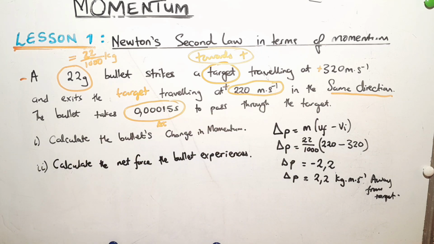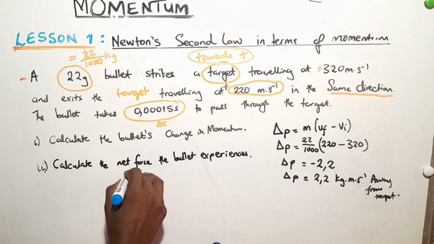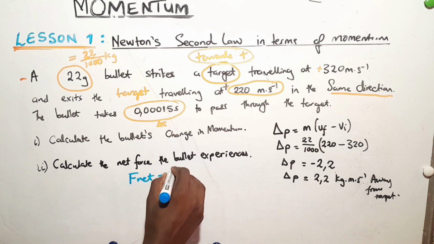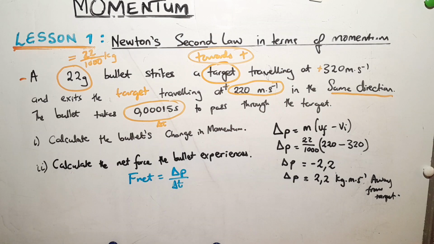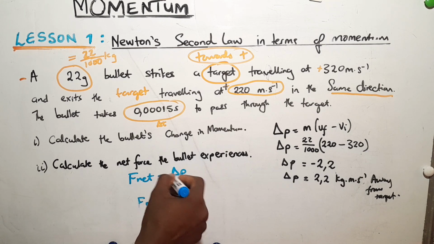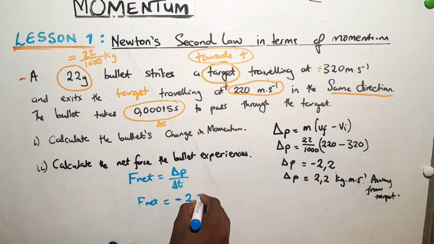The next question says calculate the net force the bullet experiences, right? To calculate the net force, we said F net is equal to change in momentum over change in time. So our F net will simply be equal to, we saw that our change in momentum was negative, so this will be negative 2.2 divided by the time, which is 0.00015 seconds, right?